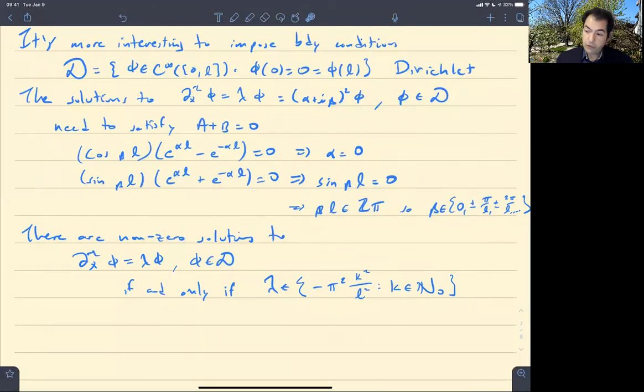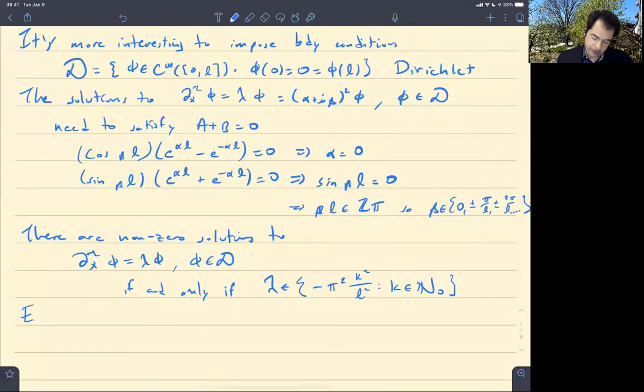The eigenvalues, we notice, form a discrete set, a sequence that goes to minus infinity as k goes to infinity. And if you know the eigenvalues, then you know the only interesting piece of geometry there was here, the length of the interval.